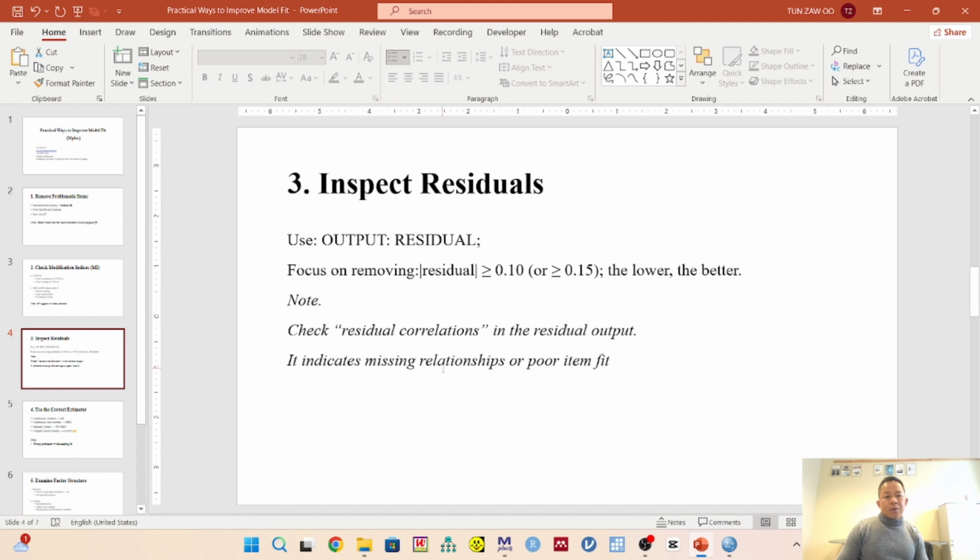That's why we should look at values greater than or equal to 0.10 or 0.15. The lower the residual value, the better. When we check the residual values, we should look for the residual correlations in the residual output. It indicates missing relationships or poor item fit.